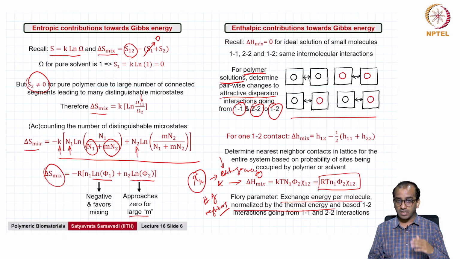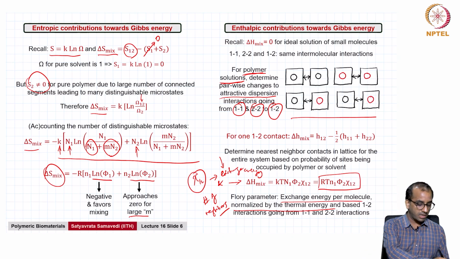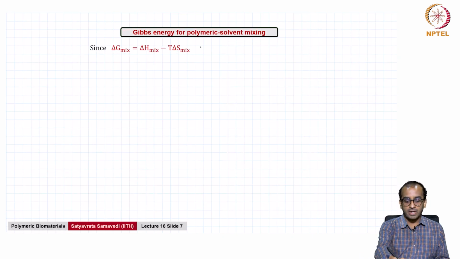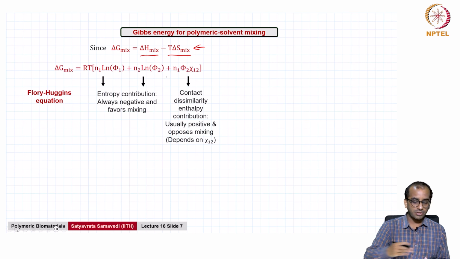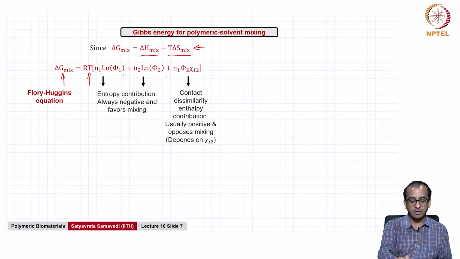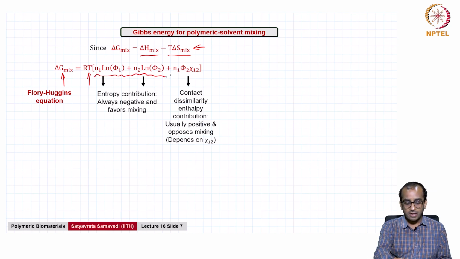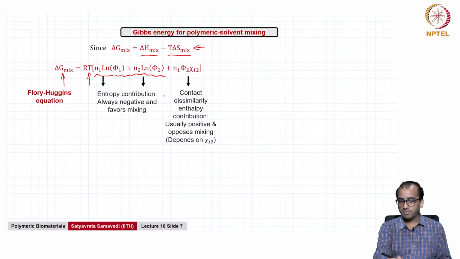Now that we have expressions for delta H of mixing and delta S mixing, we can now put 2 and 2 together and come up with an expression for delta G of mixing, which is just delta H mix minus T delta S mix. And if you substitute the expressions for delta H and delta S mix, you will see that delta G mix eventually results in an expression that gives you RT times N1 log Phi1 plus N2 log Phi2 plus N1 Phi2 times Chi12, where this represents the entropic contribution, and because it is always negative, it is going to favor mixing.